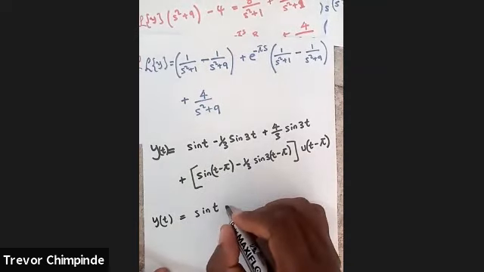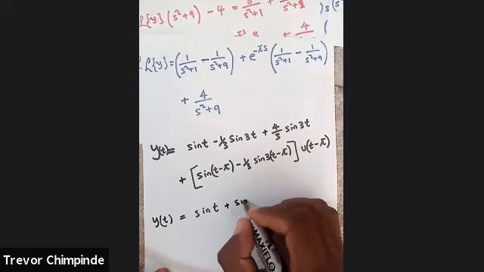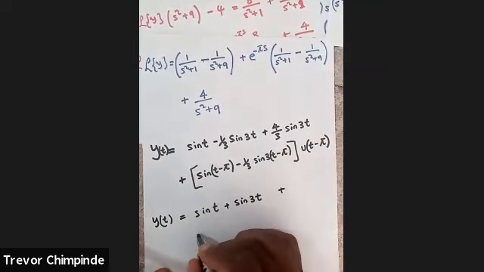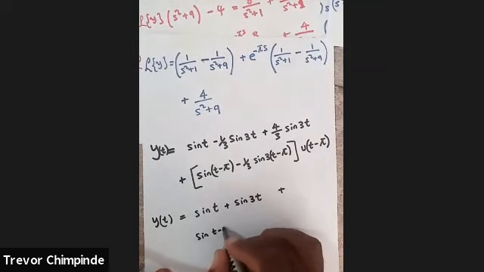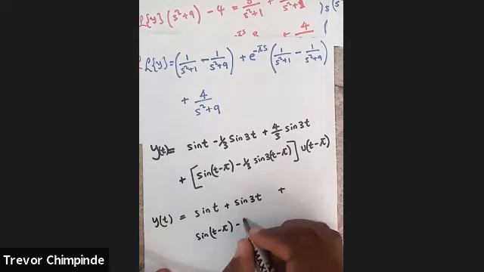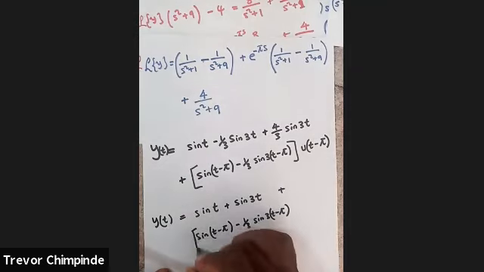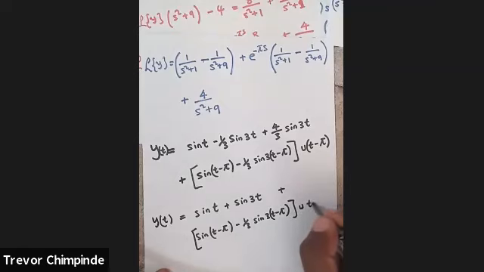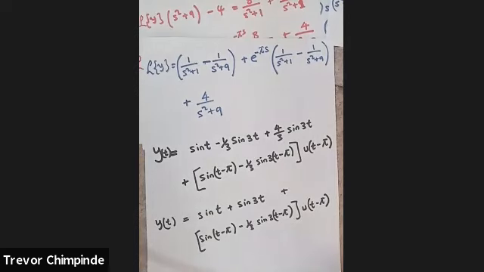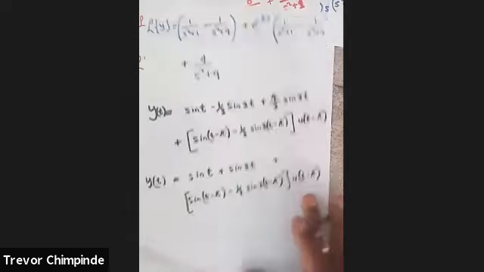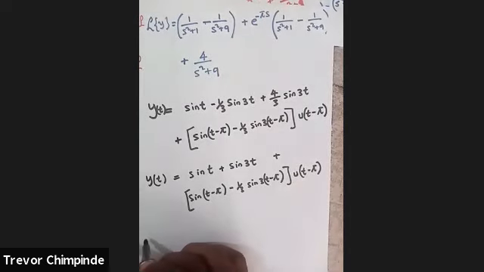So this is plus sine 3t, then plus sine t minus pi minus 1/3 sine 3t minus pi, and then unit step. And this is our solution.